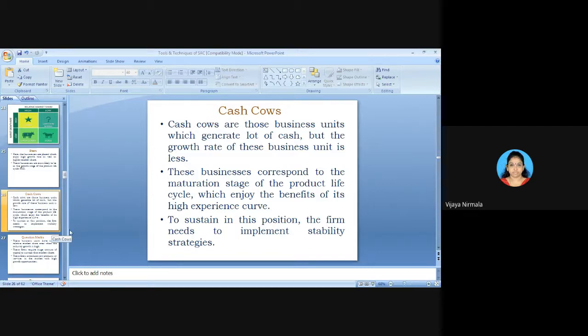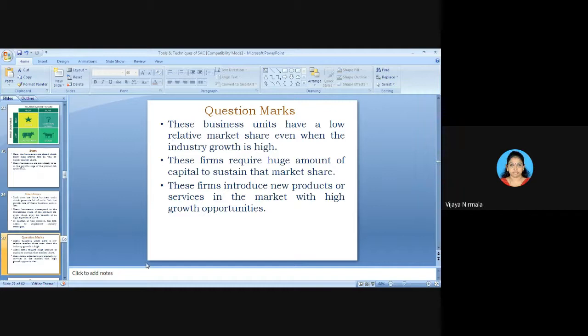I think you understood about cash cows. And the next one is question marks, or we call it problem child or wildcat.